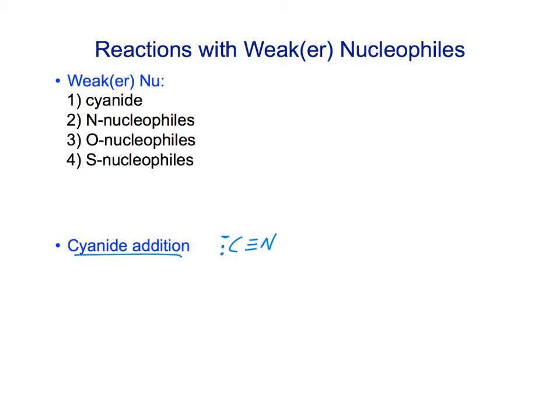So if we react cyanide with a ketone or an aldehyde, let's just draw it like this again, and we'll say this is R prime, and let's say that R prime can equal either H or alkyl, so we'll just add together our aldehydes and ketones here.